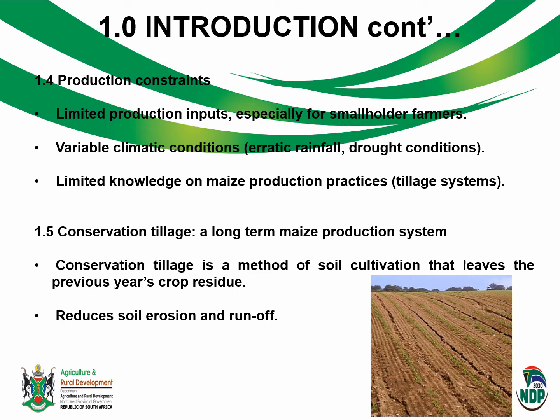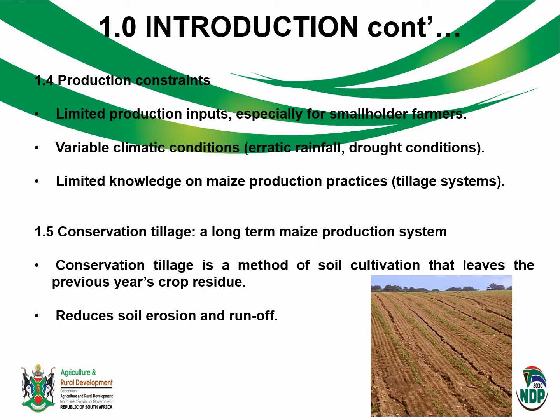We've seen this in the erratic rainfall and the drought conditions. Limited knowledge on maize production practices also plays a vital role in smallholder farmers not producing optimally.